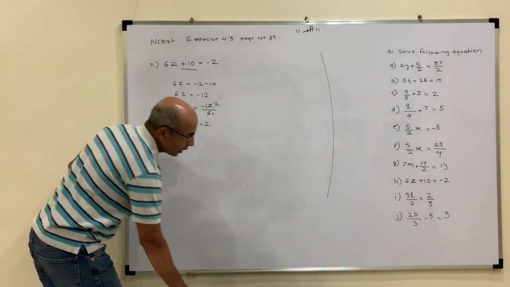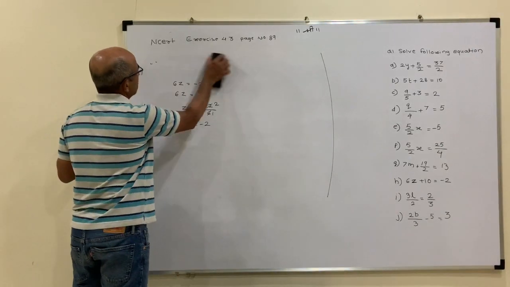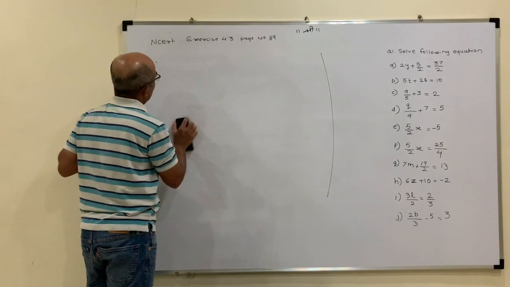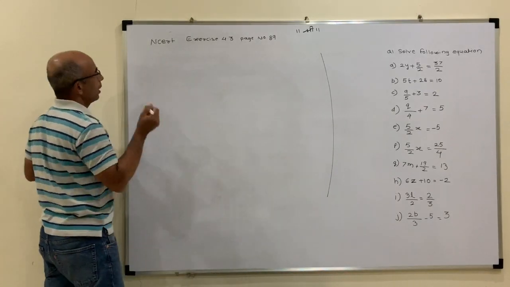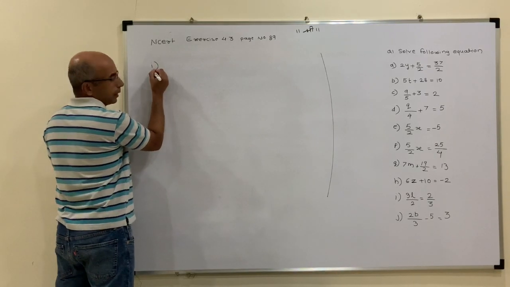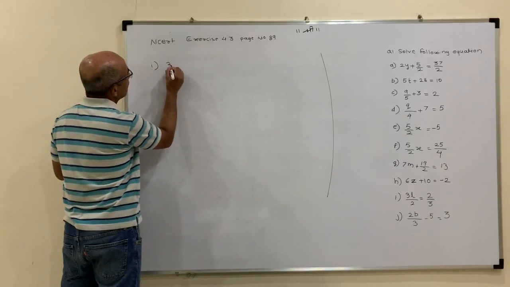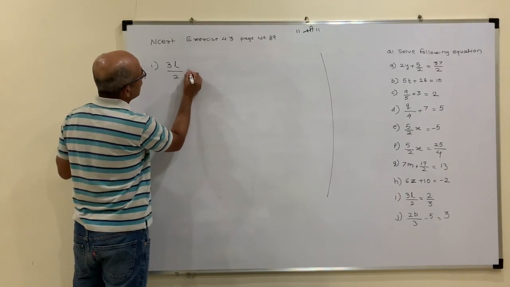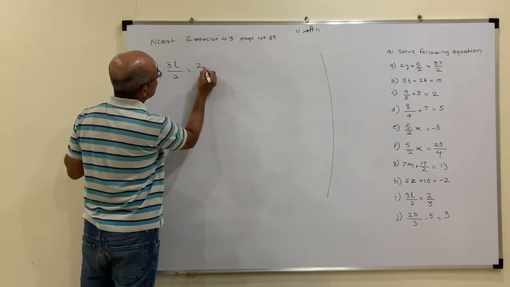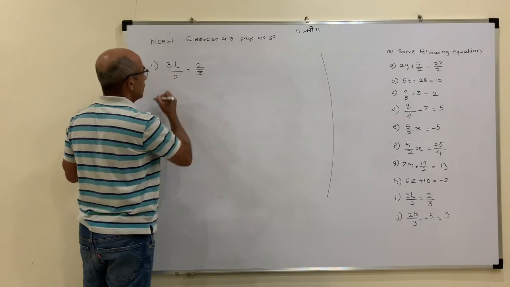Next, we'll be solving I. 3L divided by 2 equals to 2 divided by 3.